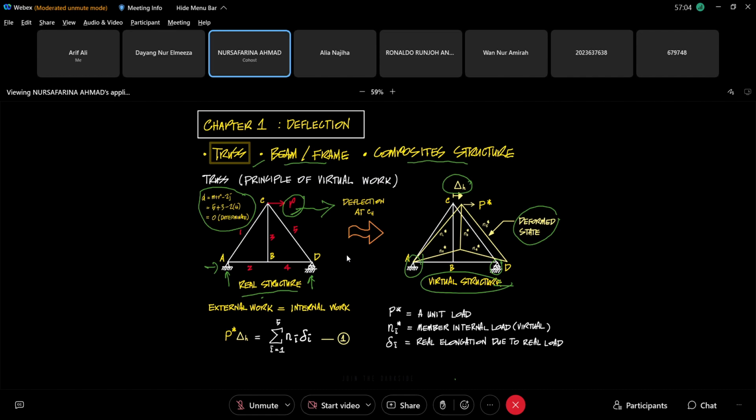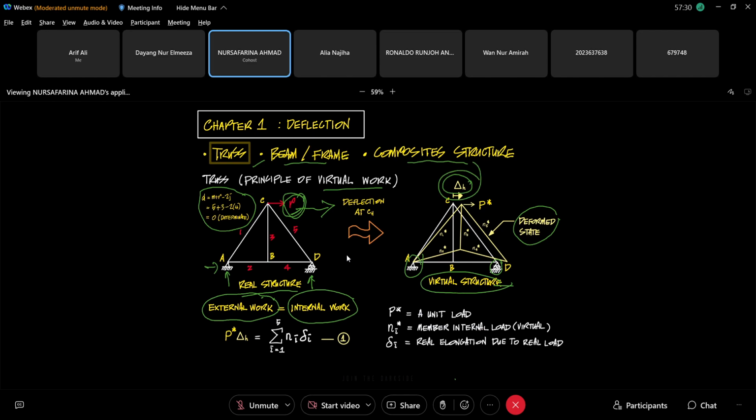Okay. Alright. So how we want to use the virtual structure? Okay, or virtual work. So external work equal to internal work. How? The external work, okay, terjadinya external work melalui load P. Okay, then we times with the displacement.